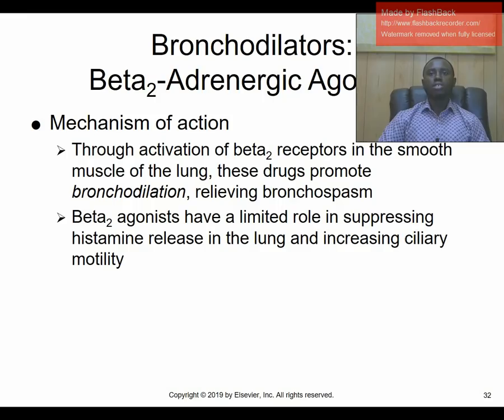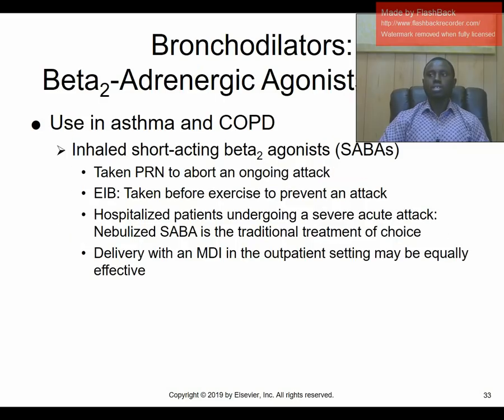There are inhaled short-acting beta agonists that can be used. So the inhaled short-acting beta agonists are taken PRN to abort an ongoing attack. This means that the patient takes this when it is needed. When it's not needed, the patient does not take it.